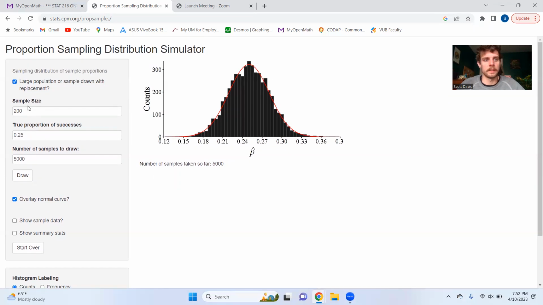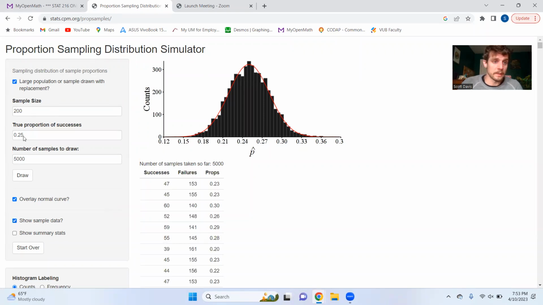So the central limit theorem tells us that as long as we have independent trials and a sufficiently large sample size, which is n times p bigger than or equal to 10, or n times 1 minus p bigger than or equal to 10, or some variation of that, you might see a couple other versions of that criteria, then the distribution of p-hats, possible sample proportions, is going to be approximately normal with a mean of the true population proportion.